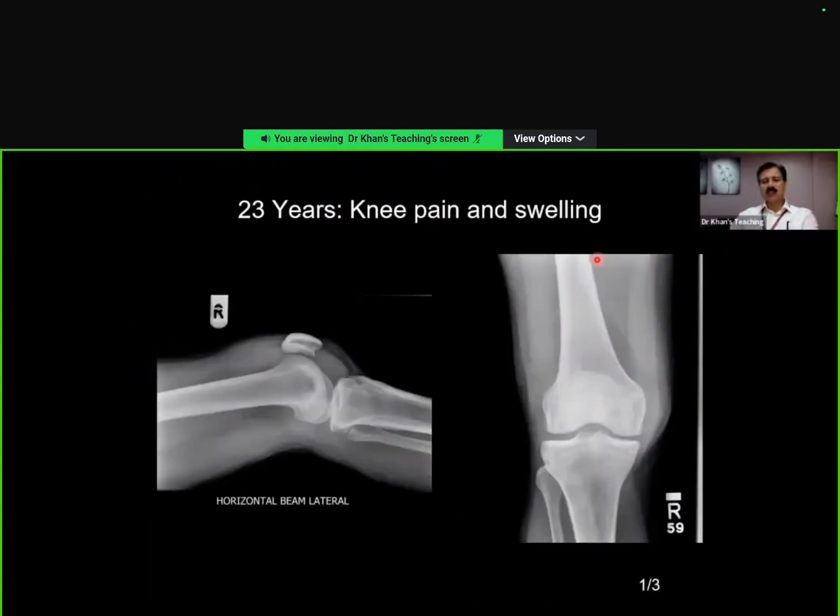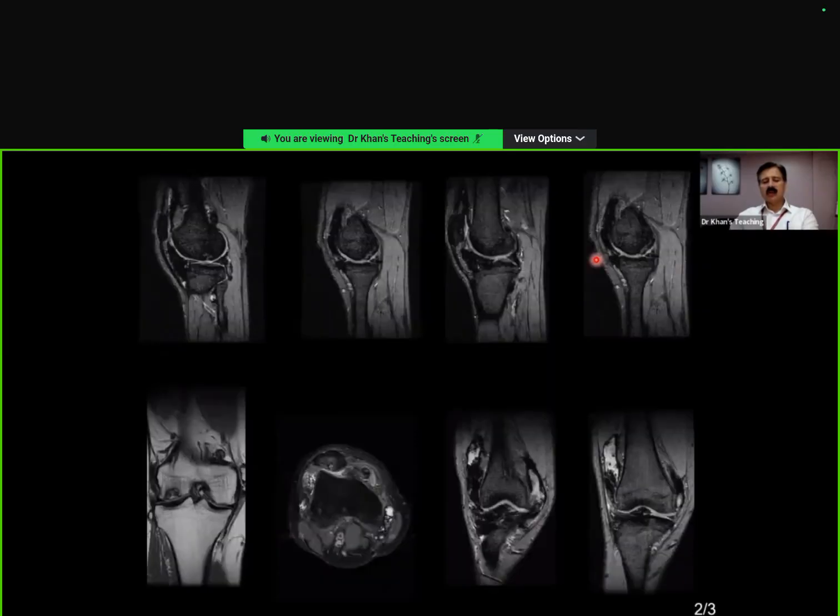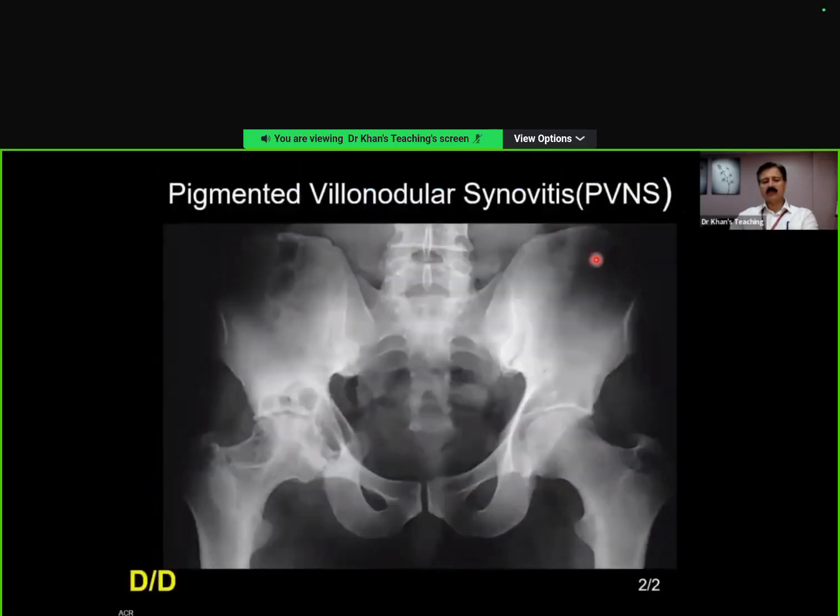But PVNS. In PVNS, what happens is that there is proliferation of the synovium, and it produces a villonodular mass, and sometimes it goes into the bone. So there is osseous extension.